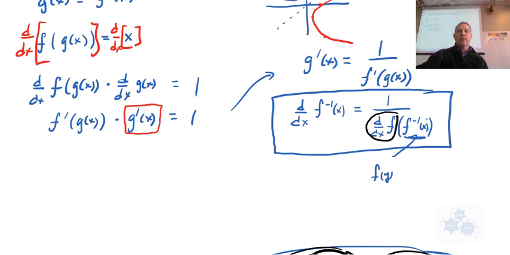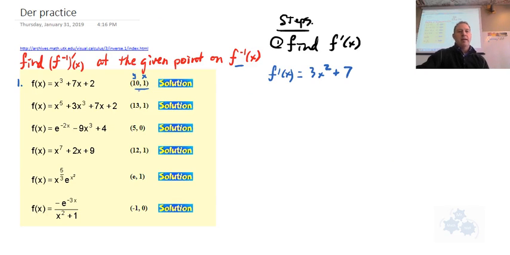For the inverse function, it's now y, x, and y is going to be my input variable. On the original function it would be x and f of x. This is now on the inverse function, so this is my original y, and this is f of y.